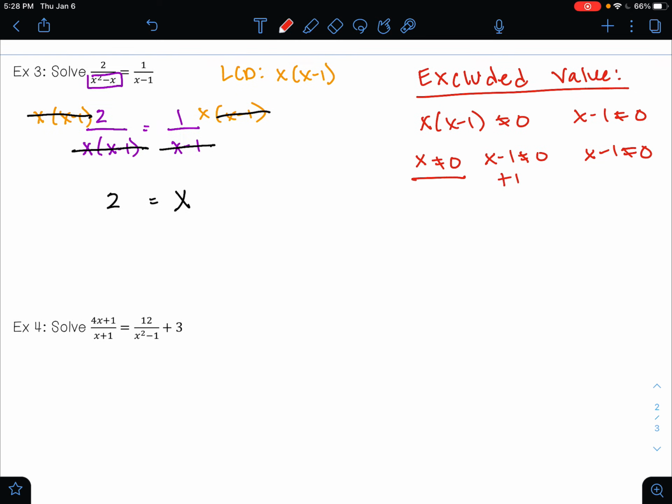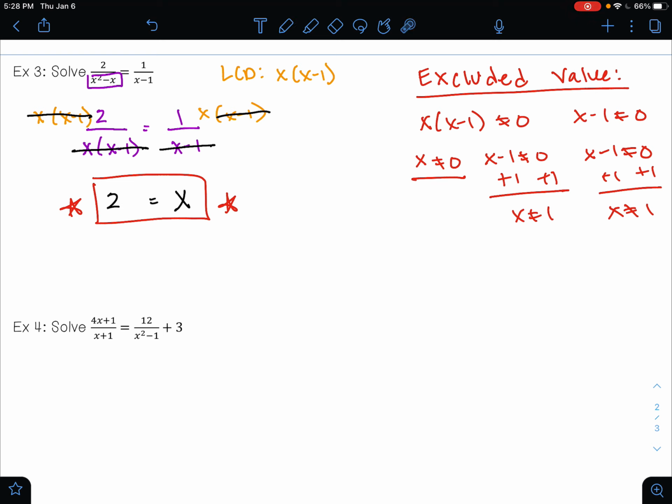If I add 1 to both sides, x cannot be 1. And same thing over here. If you add 1 to both sides, x cannot be 1. So x cannot be 0, and x cannot be 1. We got x equals 2, so that is okay. So 2 is a solution.